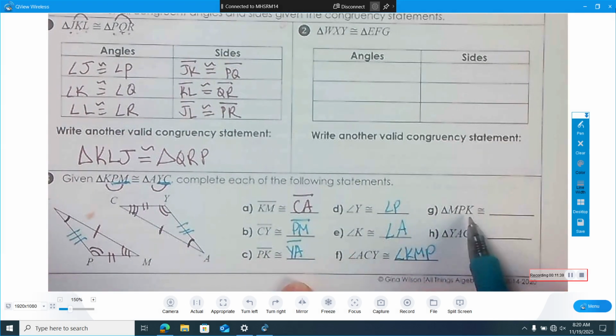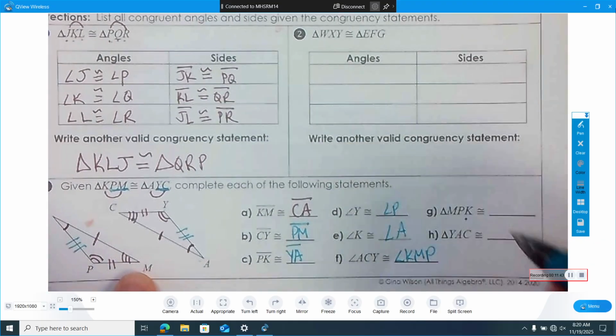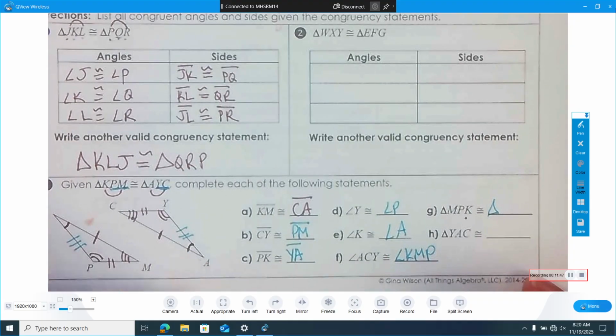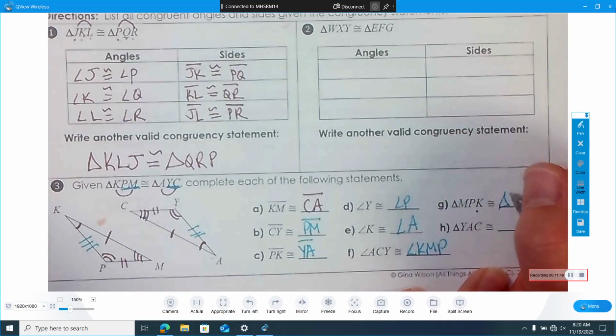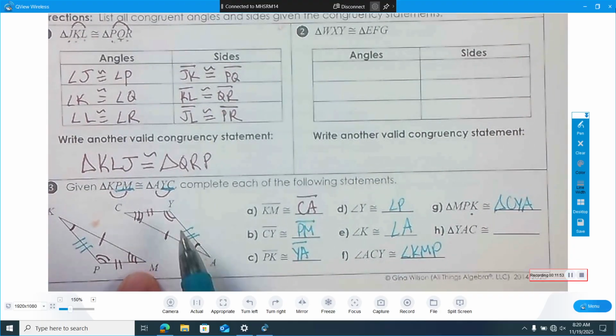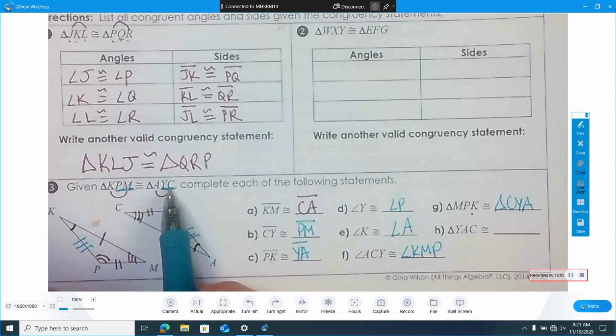Let's see. Triangle MPK is going to be congruent to triangle CYA. Good. And again, angle M, or I guess you could go backwards here. Triangle MPK is just the backwards of this. So MPK would match with CYA.